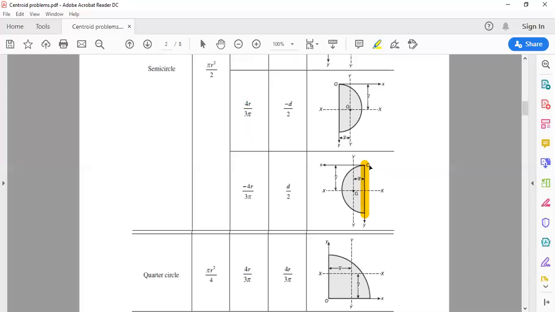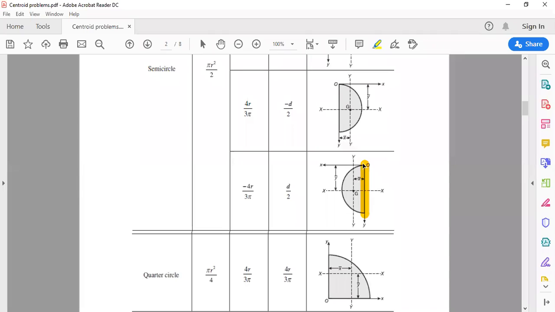Now we know that x bar is to be calculated from reference y-axis. So since the semicircle has diametrical axis coinciding with y-axis, the distance of centroid from y-axis is 4r by 3 pi, because we are measuring it from diametrical axis.